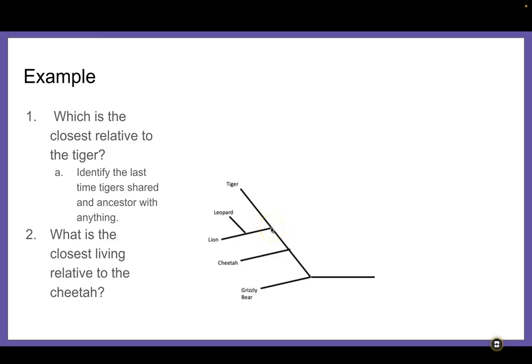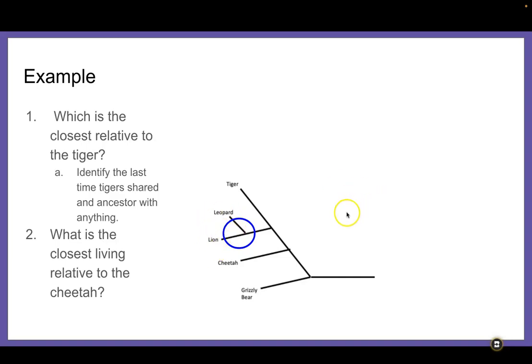And then actually when I look at this, turns out that the tiger is actually going to have two closest relatives, the leopard and the lion. They are equally closely related, you could say, to the tiger because they both come off this node and they are equidistant from each other.